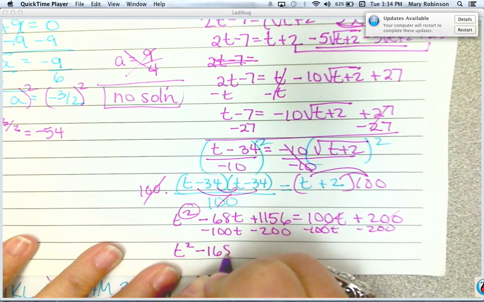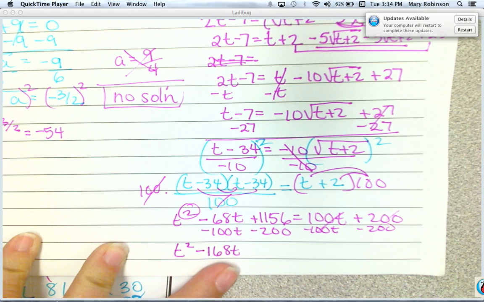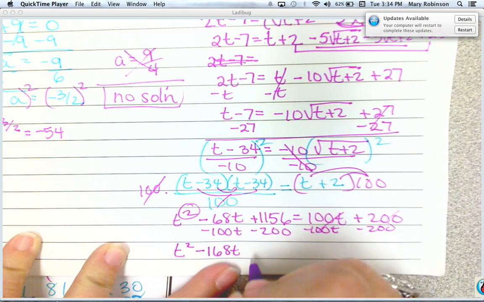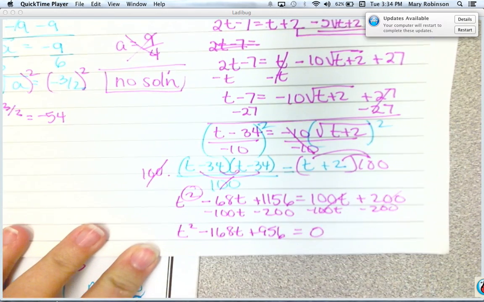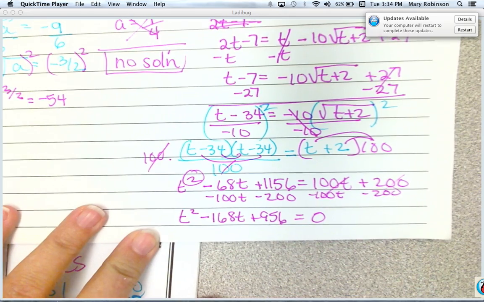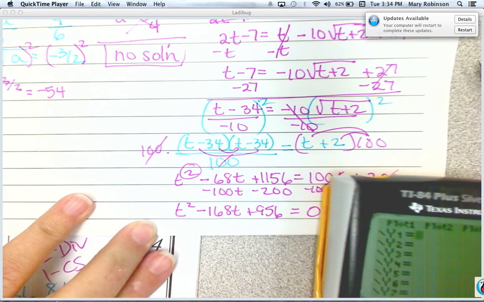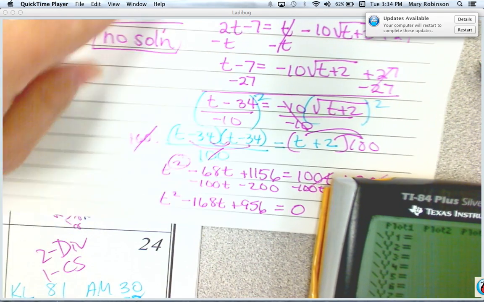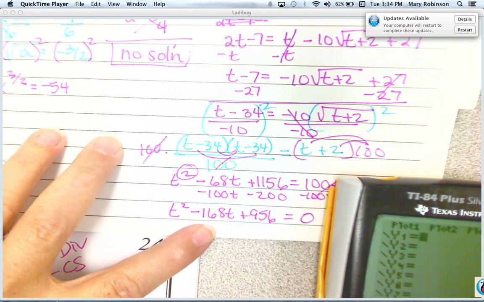That's minus 168t, and 1156 minus 200 is 956. And now as a quadratic equation, we can try to factor it, although it might not be very pretty, or we can go ahead and solve it in our calculator by graphing. And since that requires so much work, I'll let you all do that at that point. But of course, you could use the quadratic formula or completing the square as well.